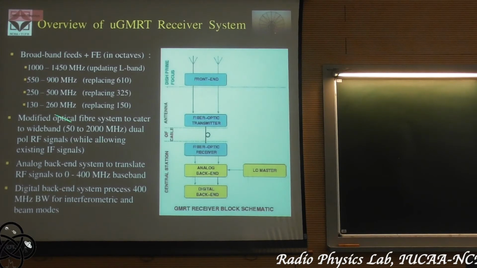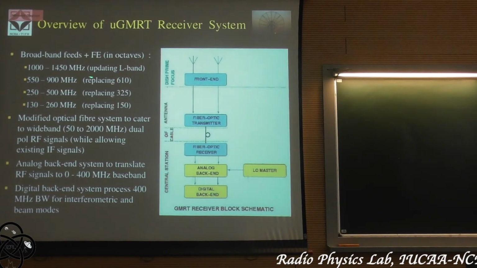And then you have to modify the optical fiber to carry this broadband signal. It was originally only designed to carry a narrow 32 megahertz bandwidth signal. So this was redone with modern technology to carry the full bandwidth signal if needed. And then finally you receive it. To get this 400 megahertz of bandwidth, there is a new backend system which can extract up to 400 megahertz of bandwidth.